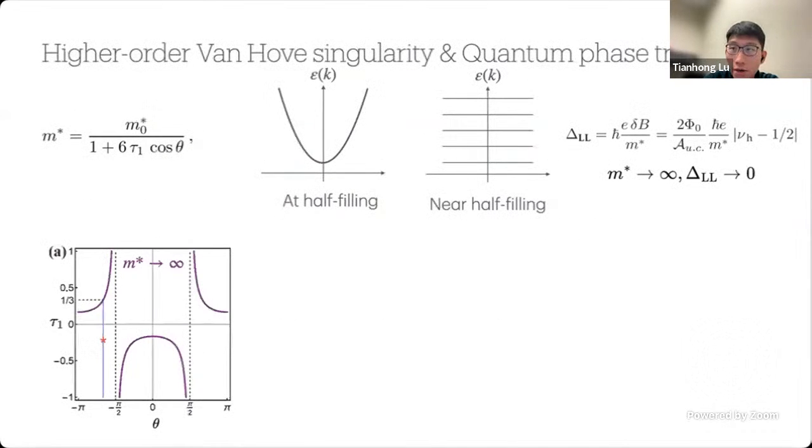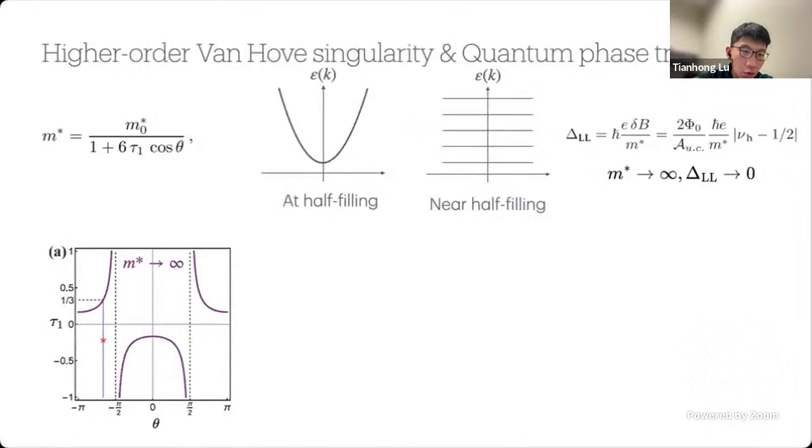So I mentioned that this effective mass can diverge. It goes to infinity, and in this first figure, I'm plotting the boundary where the effective mass goes to infinity, and the red little star is the parameters we used for the Hofstadter spectrum I just showed.